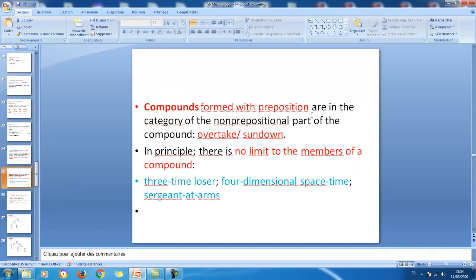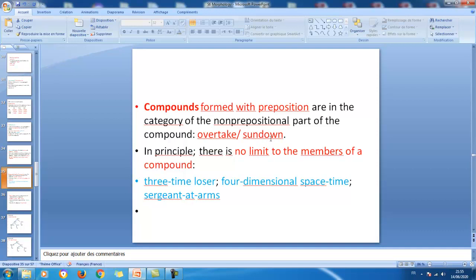Compounds formed with a preposition are in the category of the non-prepositional part of the compound. Overtake: here we have the preposition over. The compound can never be a preposition here, because we have to take the head, take, which is the verb. So the compound here is a verb.